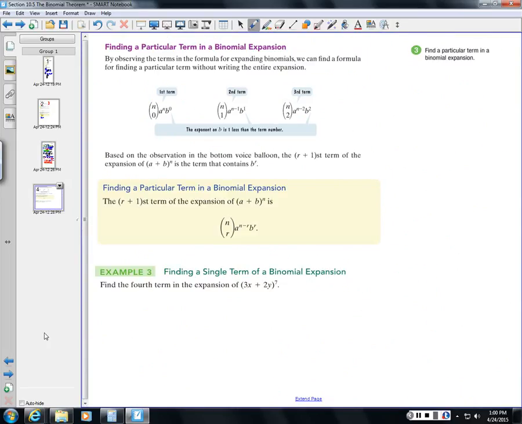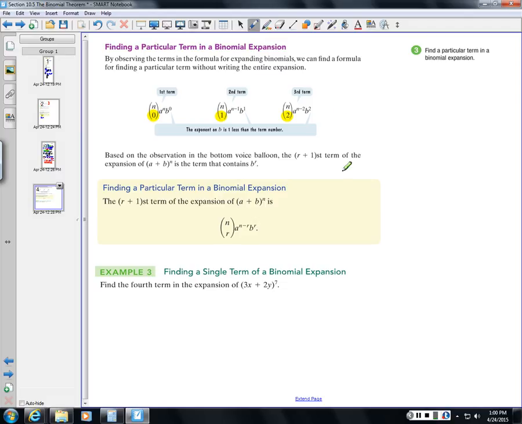And the last thing that we have in this section is, if I just want to find a particular term of a binomial expansion, if I just want to find the first term or the third term or the 5th term, we do have a way that we can do that. Of course, the pattern was, the first term is when r is 0, the second term is when r is 1, the third term is when r is 2, and so forth.